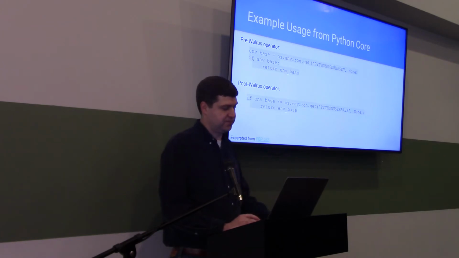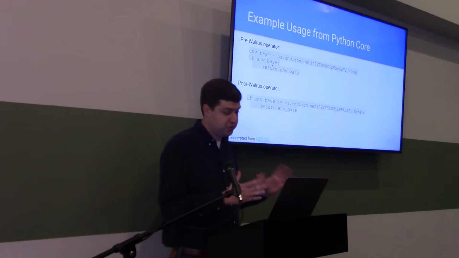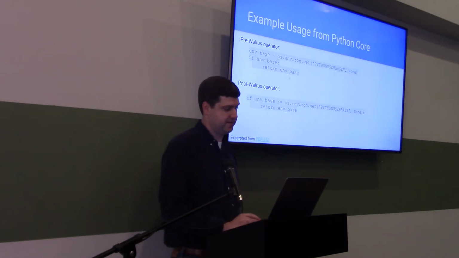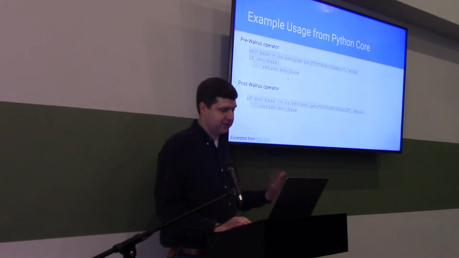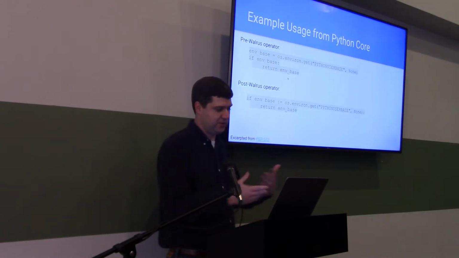In previous versions of Python, you had to check to see if that thing was truthy or not, does it exist, and then return it. Post-walrus operator, we can both get the thing and check to see if it's truthy, all in one line. That drops us down a line. It's a little more readable, and we'll expand from here.